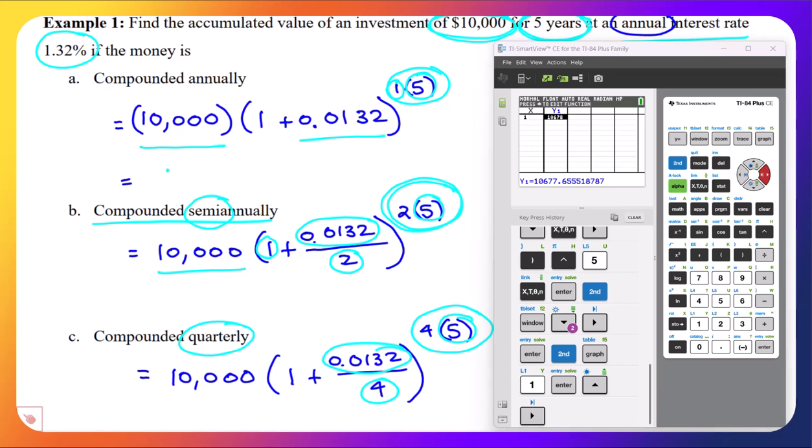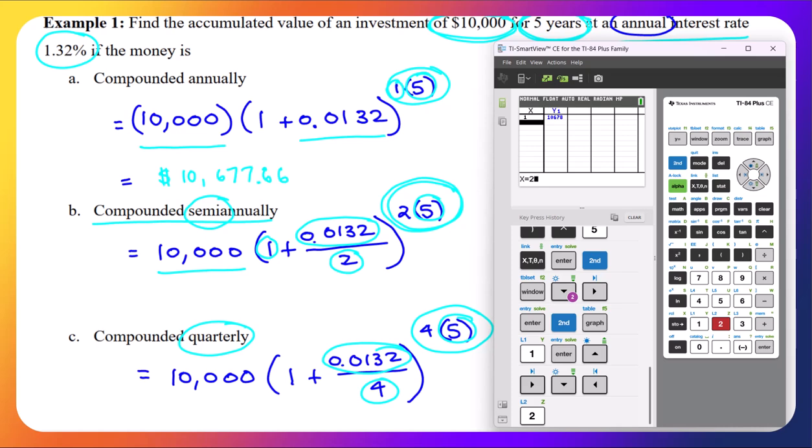And since we're talking about money, let's round to the nearest cent. So we have $10,677.66 if I round to the nearest cent. And now because I have this table, I can go down and to the left, and I can type in 2 for the number of times per year I do the interest, semi-annually, and press enter.